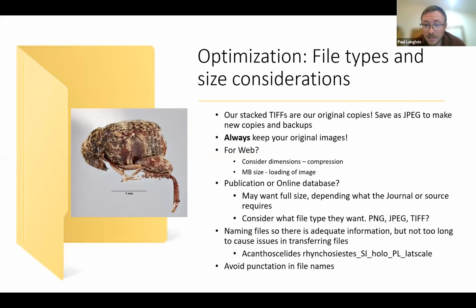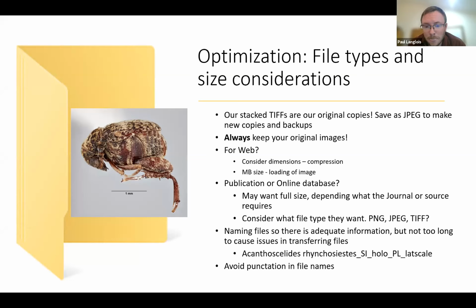Okay, and here's my last slide, just a little bit about the optimization of your files for file types and size considerations. So our stacked TIFFs that come out of Zerene, we'll touch up those dust streaks and specks, and then we'll save that. And that is our final and original, what we call our original TIFFs.